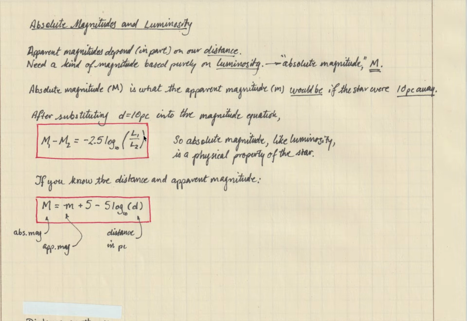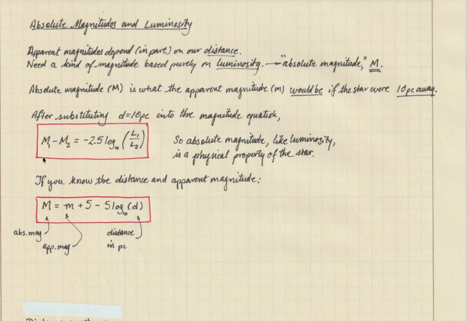Those cancel out, the 4 pi's cancel out, and we're left with just the ratio of the luminosities. So the difference in 2 stars' absolute magnitudes depends only on the ratio of their luminosities. And since luminosity is a physical property intrinsic to the star, then so is the absolute magnitude.